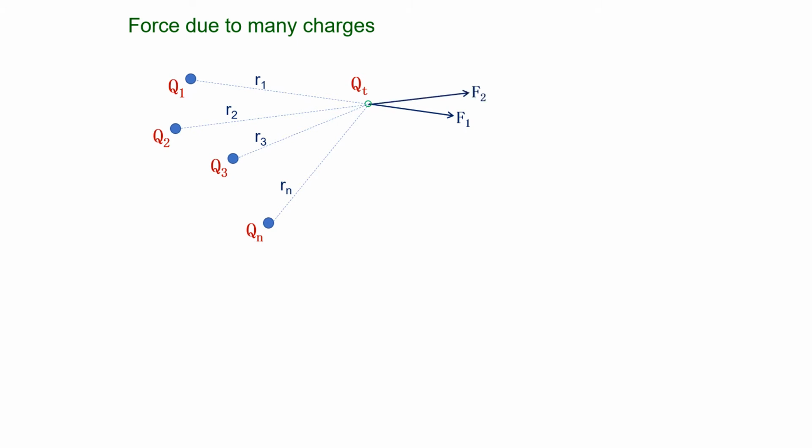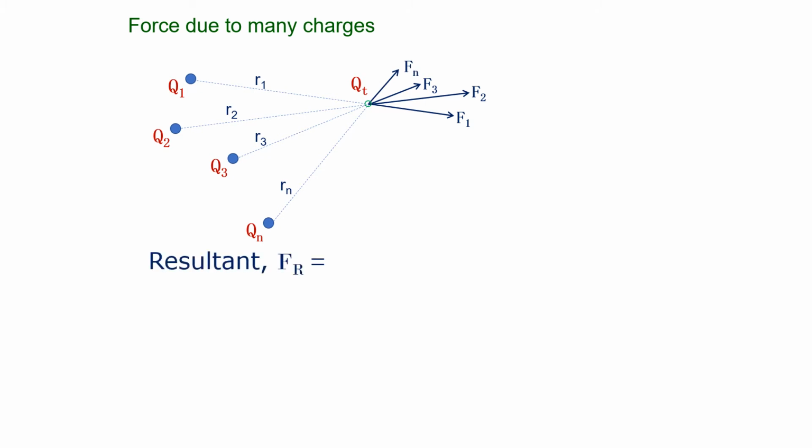Let us now look at the force due to multiple charges. Let there be n charges Q1, Q2, Q3 and so on up to Qn. They are all separated from a test charge Qt by distances R1, R2, R3, and so on up to Rn. The force on the test charge due to Q1 is F1, due to Q2 it is F2, due to Q3 it is F3, due to Qn the force is Fn.